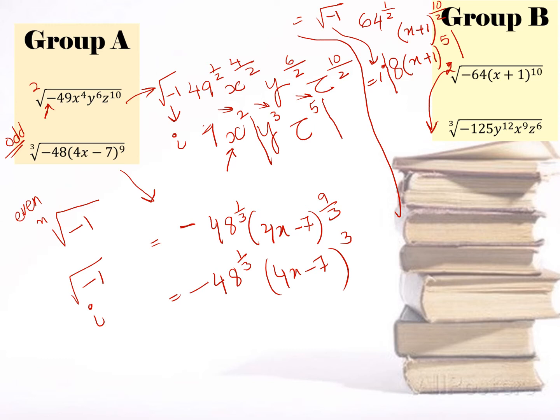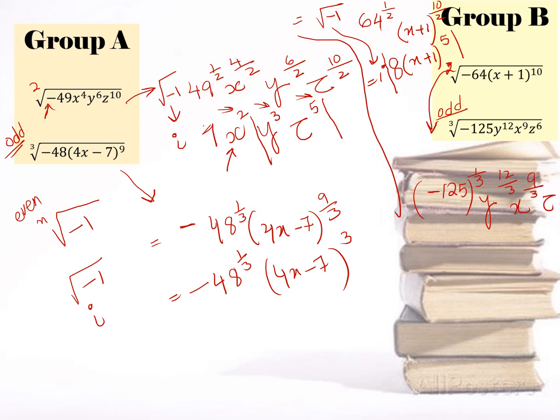So the cubic root of negative 125. First of all, write negative. The index is odd. So no need to worry. So negative 125 whole to the power 1 over 3. y to the power 12 over 3. x to the power in over out, 9 over 3.